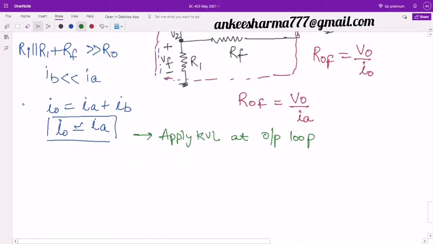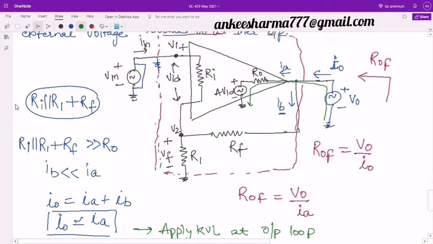So V naught equals R naught into I naught, and the second term is A VID, not minus but plus, because these two drops are adding.